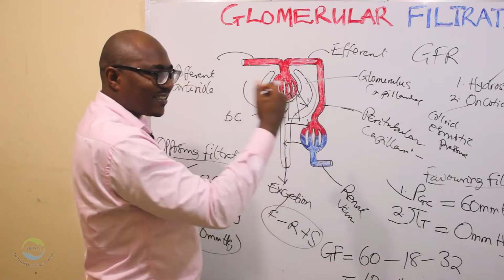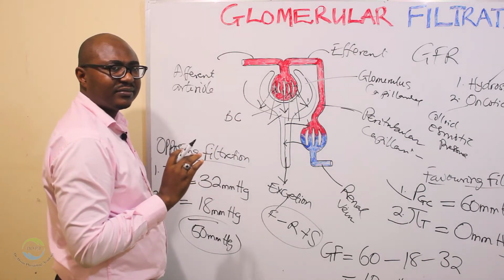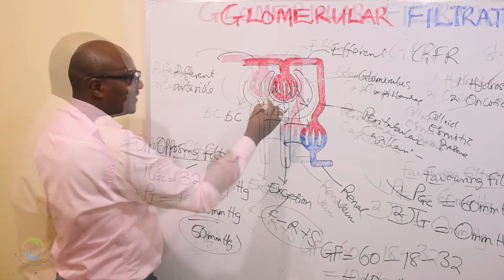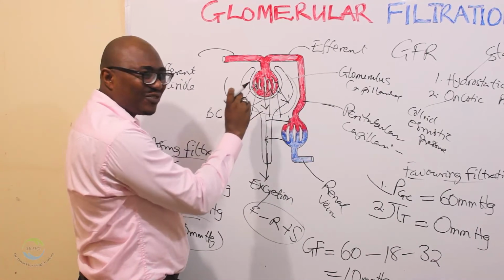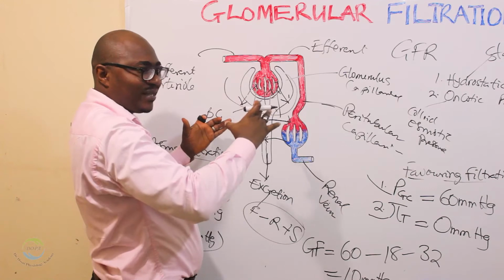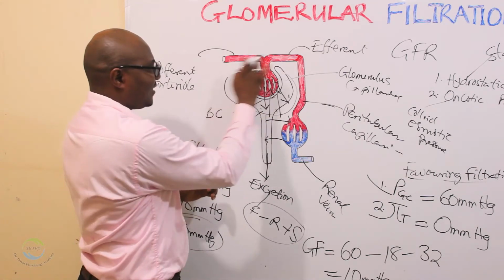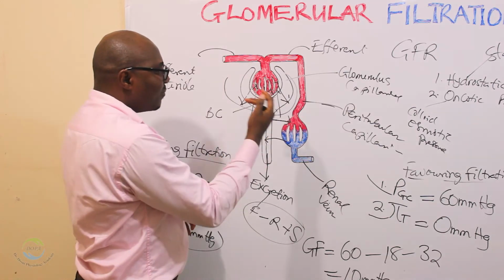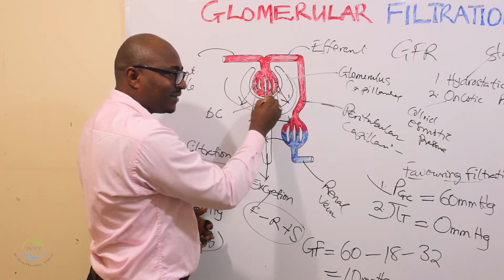But what of the external thing that can change the size of this capillary bed? What do you think that would be? So these glomerular capillaries don't have smooth muscles that can make them larger or smaller, dilate, constrict, like these arterioles. But there are some cells that are close by.